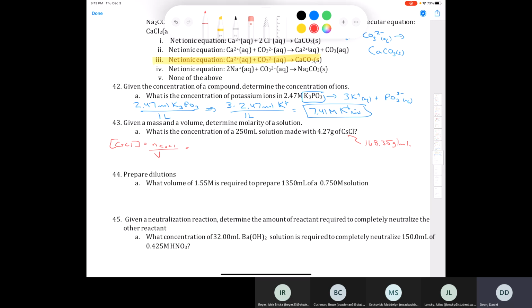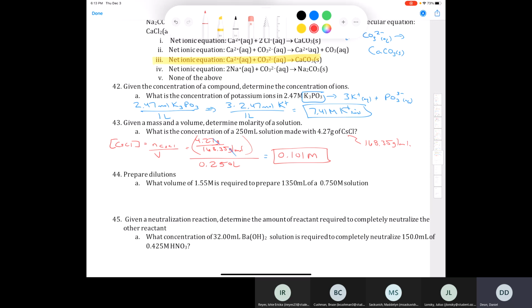So let's figure out the number of moles. It's 4.27 grams divided by 168.35 grams per mole. That's our numerator. We divide that by the volume, 250 milliliters. We know there's 1,000 milliliters in a liter, so that's 0.250 liters. We punch all that into our calculator and end up with a 0.101 molar solution of cesium chloride.